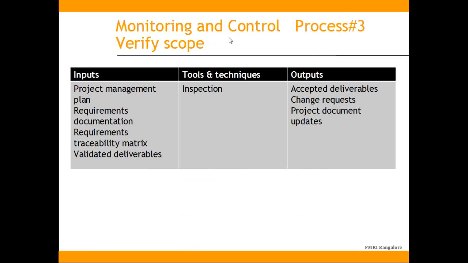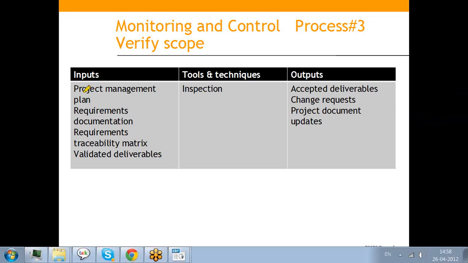Then the third process under monitoring and controlling is verify scope. So here again on the input side, there are the project management plan, requirements documentation, requirements traceability matrix, and validated deliverables.